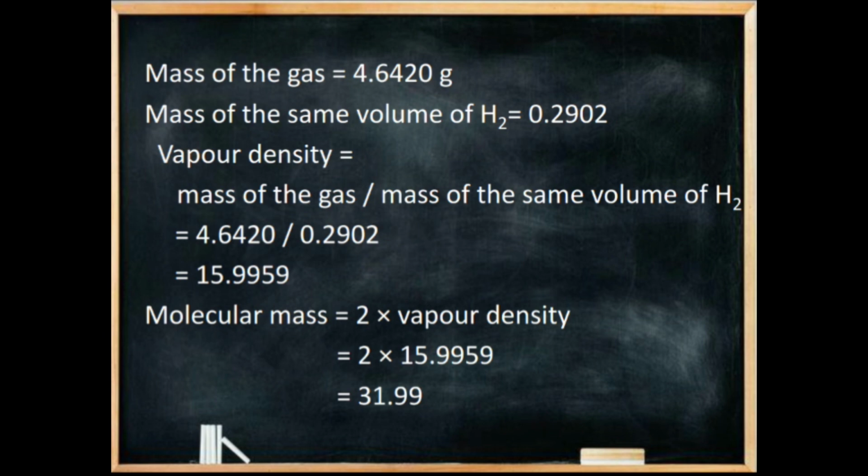Then we will calculate vapor density. The formula is mass of the gas divided by mass of the same volume of H2, which is 0.6420 divided by 0.2902, and the answer comes out as 15.9959. So the molecular mass, by using the formula 2 into vapor density, multiplying this we get 31.99. So here is the answer.